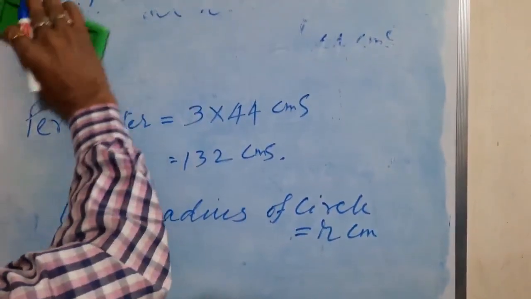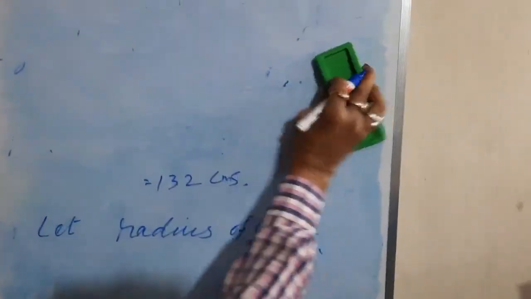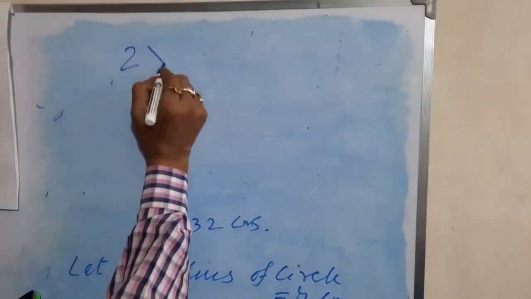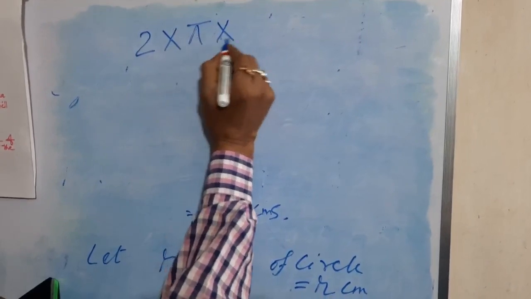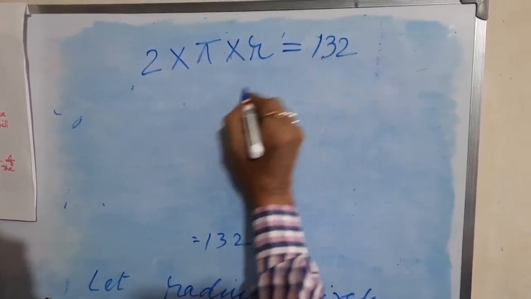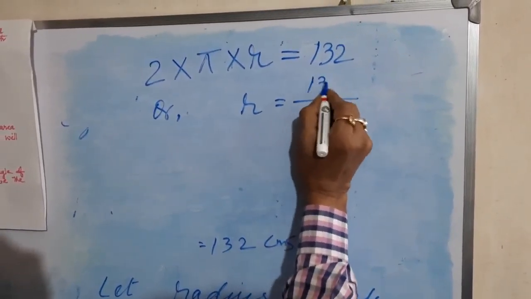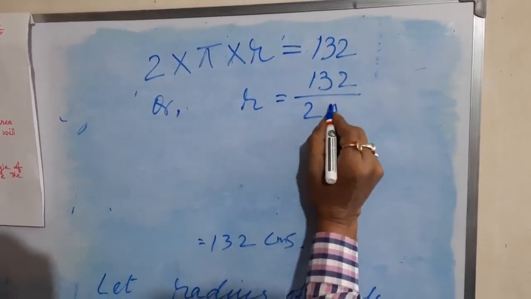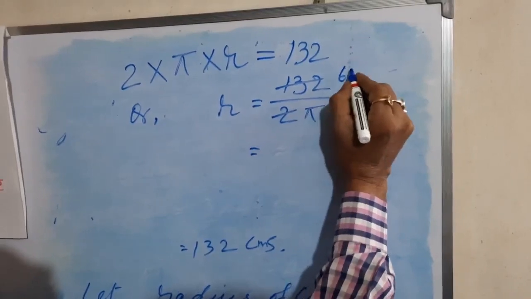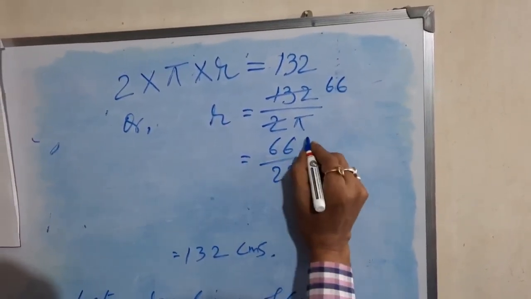Therefore, circumference 2 pi r is equal to 132, or r is equal to 132 by 2 pi, which is equal to 66 divided by 22.